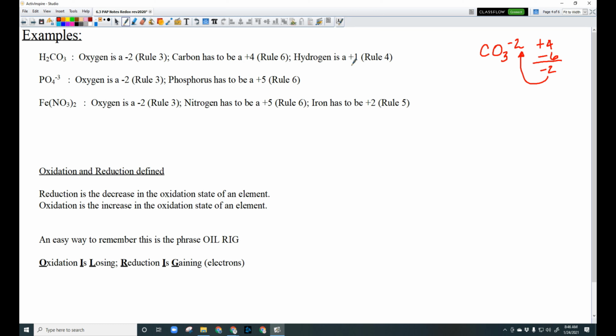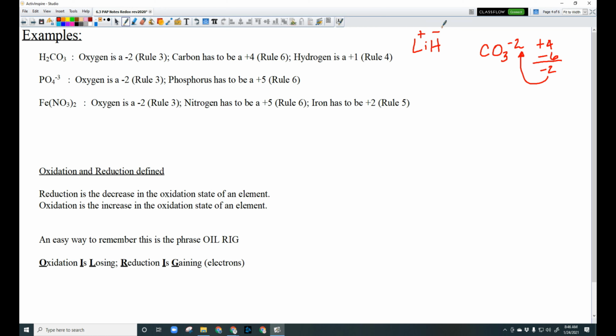All right, and hydrogen is always a +1 in most cases. And so that's rule number 4, unless it's a metal hydride, which means that the hydrogen is bonded to a metal. It comes second, like lithium hydride. Okay, so when we think about an ionic bond, it's always positive, negative, always positive, negative.